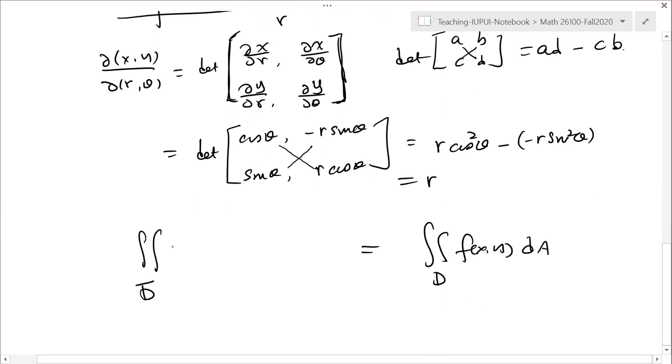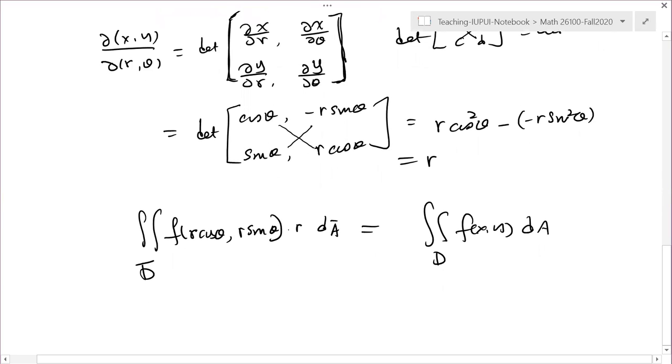Here x is replaced by r cosine theta, y is replaced by r sine theta, and the domain is D bar. If you figure out the domain for r and theta, then you can use the iterative integrals.